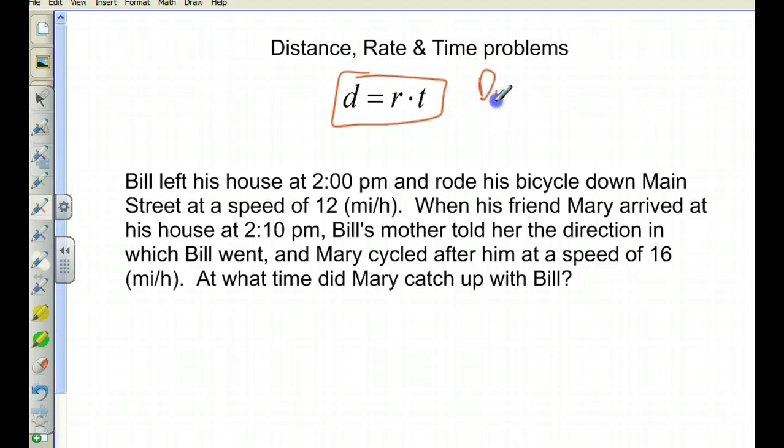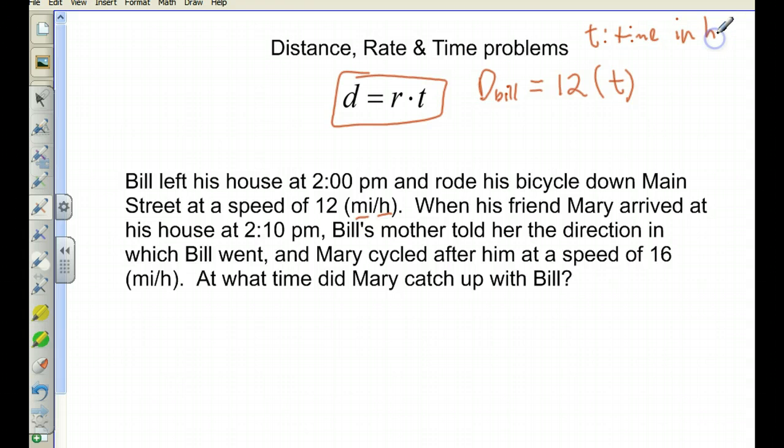So the distance of Bill equals rate. He was at a rate of 12 miles per hour. The units are really important here. So let's keep this in miles per hour because that's just going to be nice and easy to use here. The time would be t. Let's define t as measured time in hours.